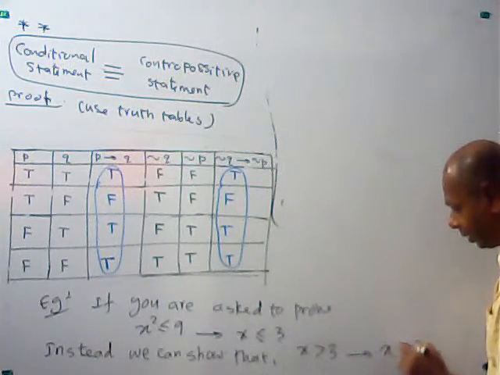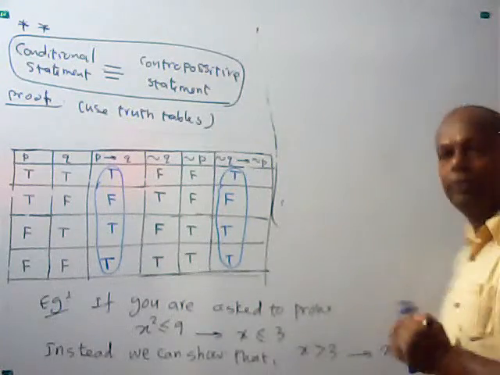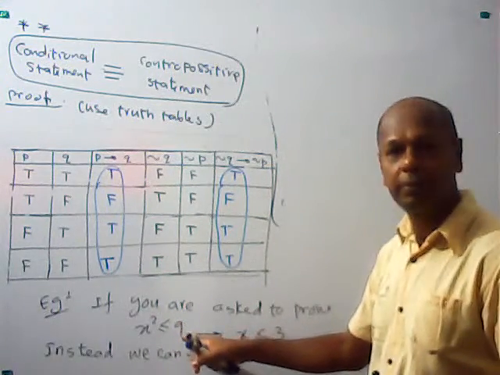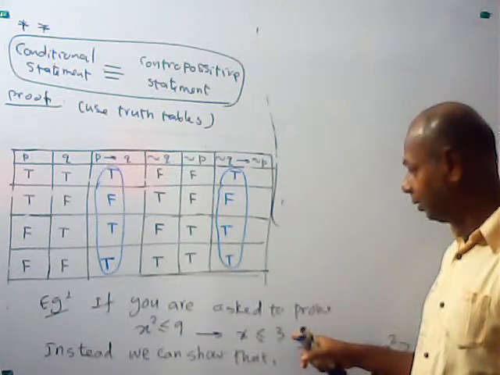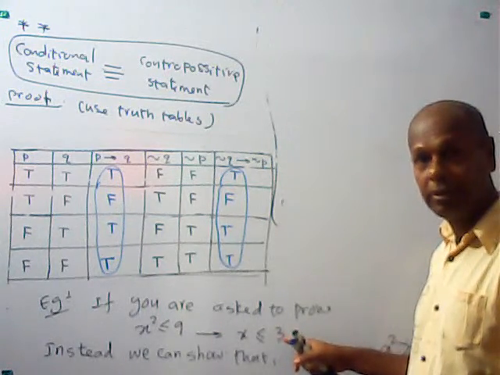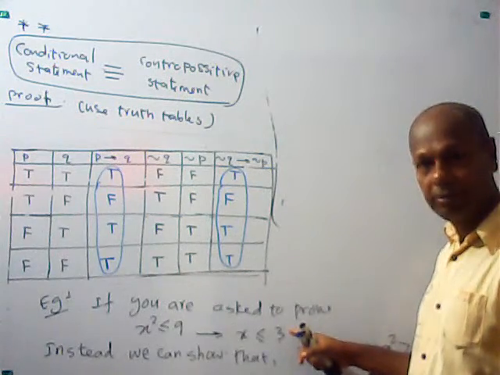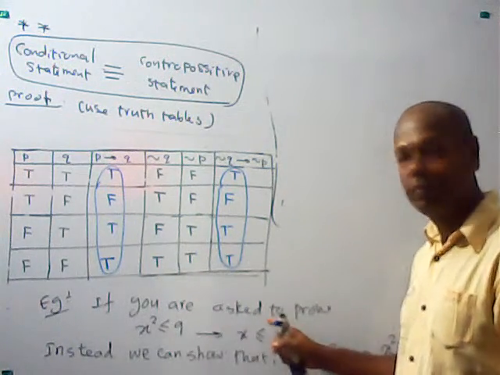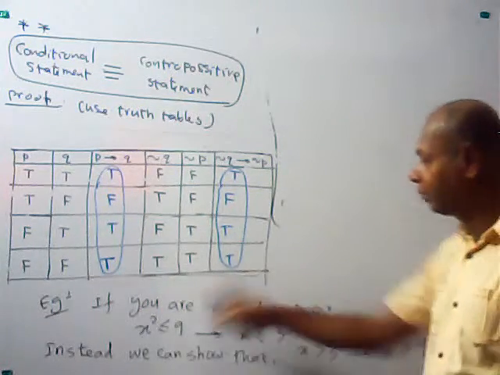x squared is greater than 9. If you have to show that x squared is less than or equal to 9 implies x is less than or equal to 3, I'm not saying whether this is right or wrong. This statement could be right or wrong. But if you have to prove this, instead you can show this: not q implies not p.